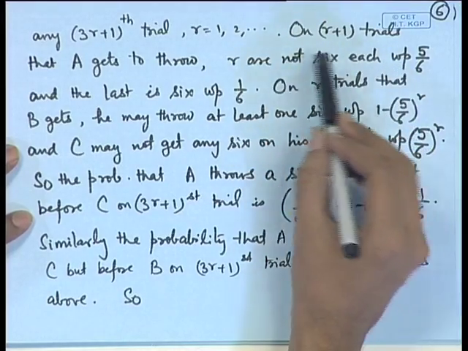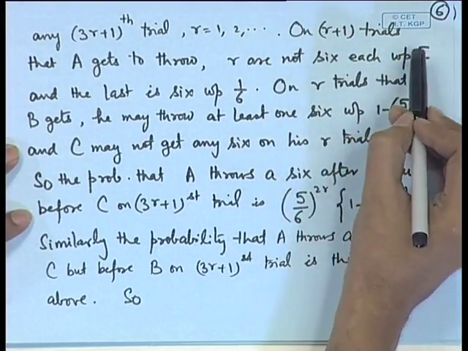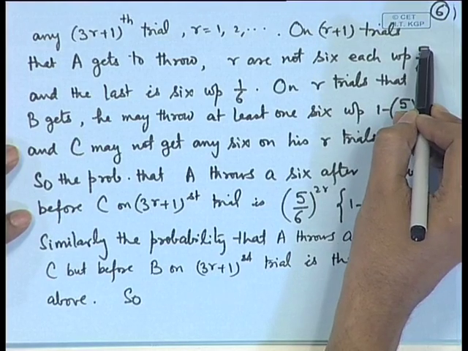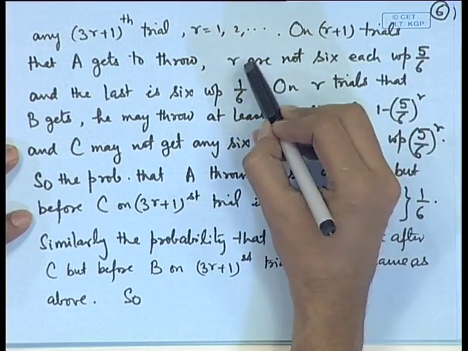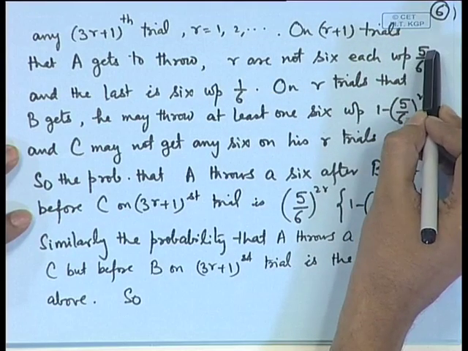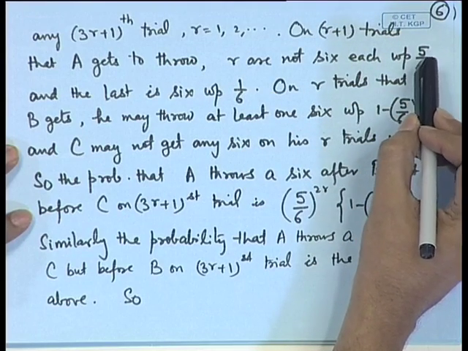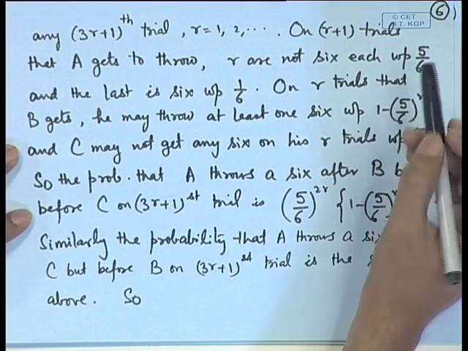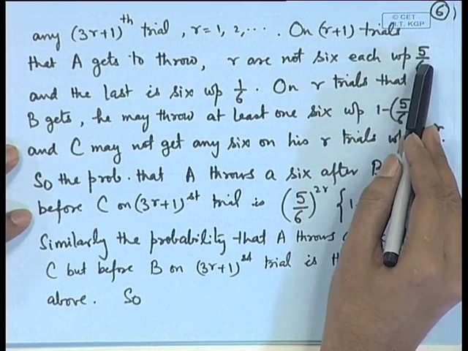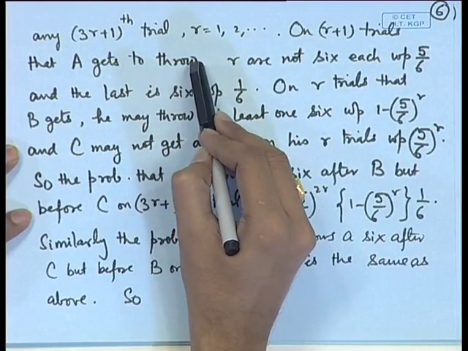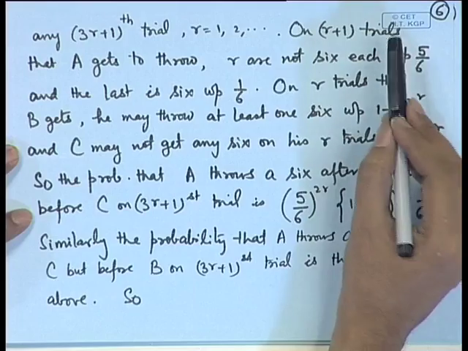Now, in a single trial, if we are assuming the die to be fair, A will not throw a 6 with probability 5 by 6. So, in the first r trials, he is not able to get a 6. So, the probability that he will not get a 6 is 5 by 6 to the power r, and in the r plus 1th trial he gets a 6. So, the probability of that is 1 by 6.